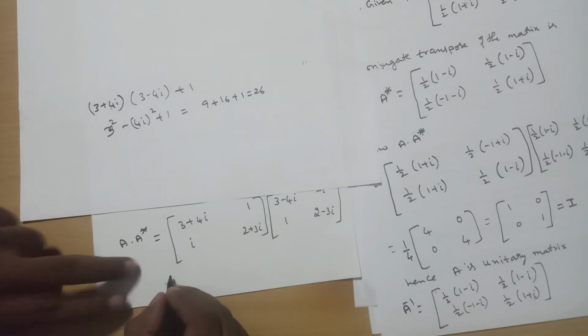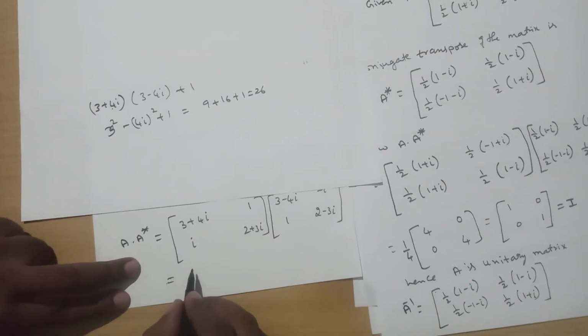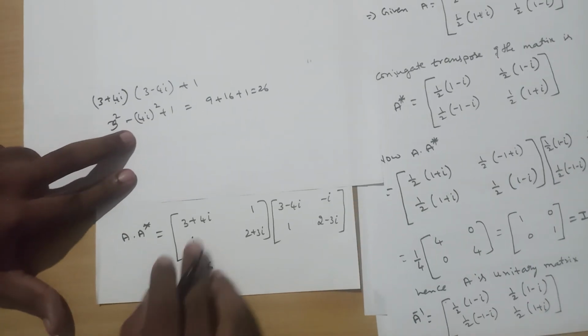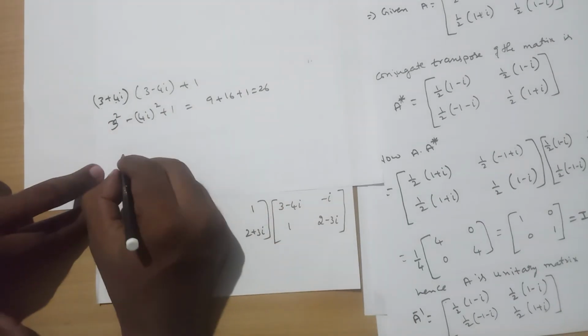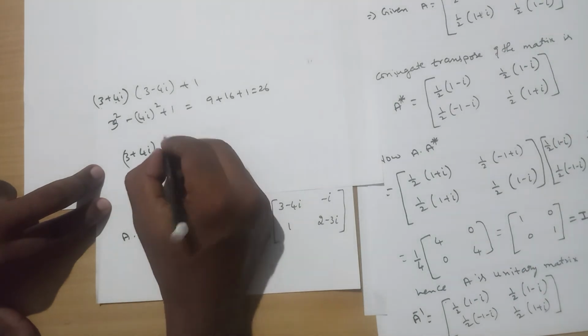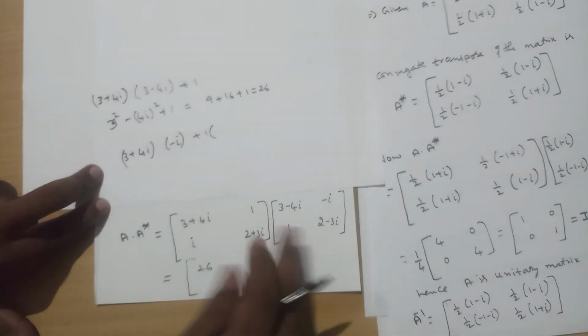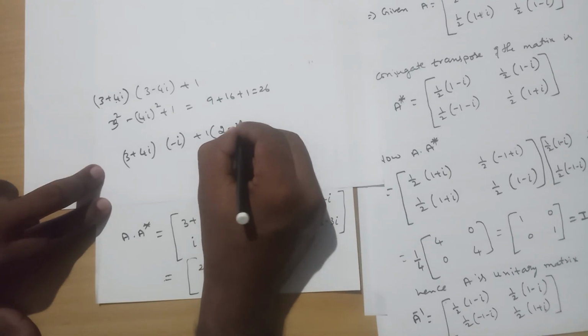So here the matrix, what do you get here? 26. And here, multiply: 3 plus 4i into minus i, plus 1 into 2 minus 3i.